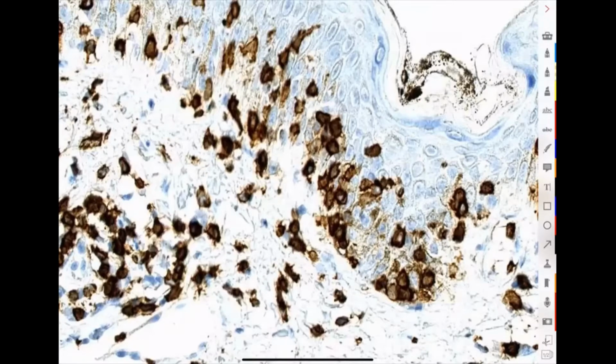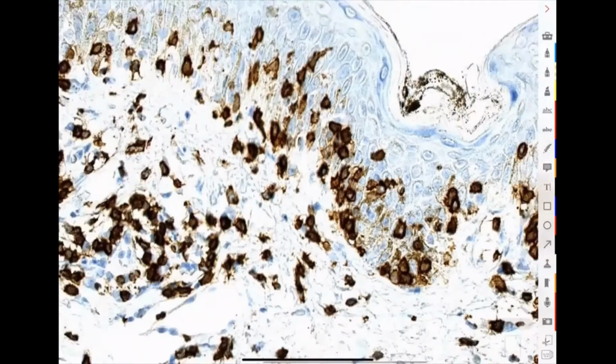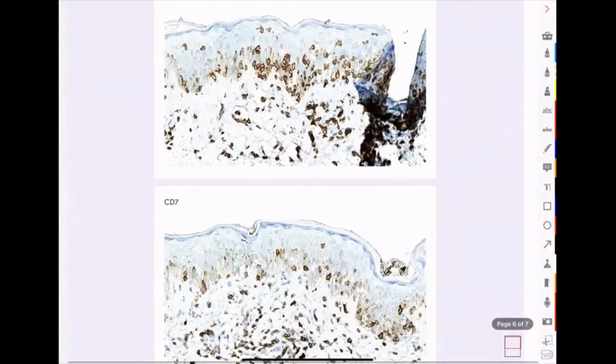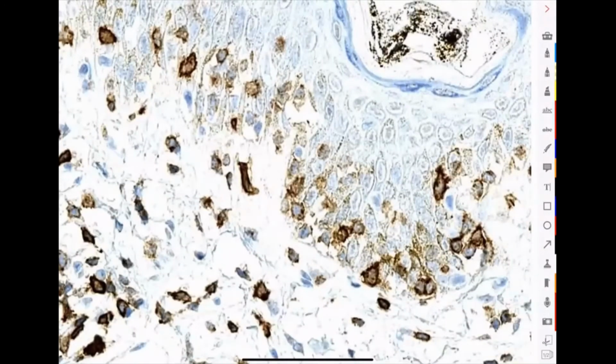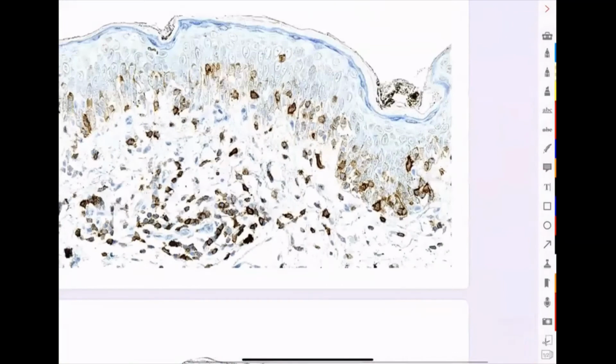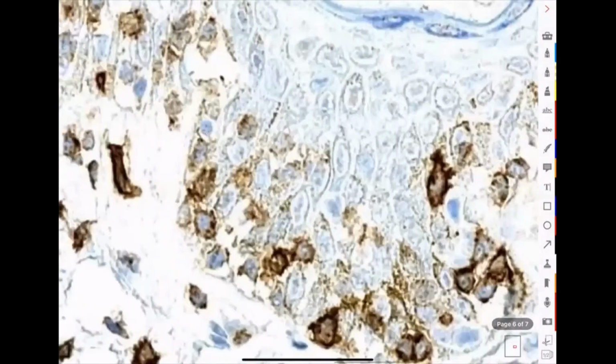There are some cells which are a little bit paler, and some cells are a little bit darker. They are really dark cells. While when we go to your CD7, you don't really have that phenomenon that we saw. It is more okay. And when we go here to our CD8, it is not really this phenomenon that we're seeing. It's not like what we saw in the other one, where you have a distinct population.